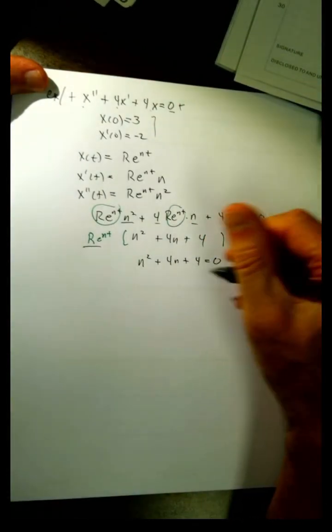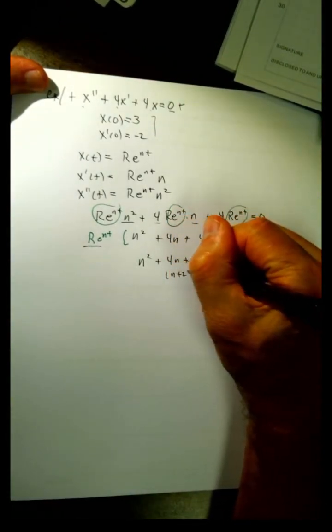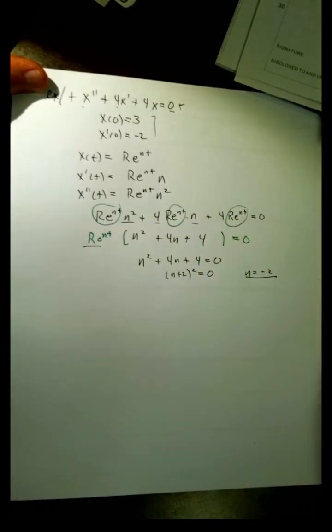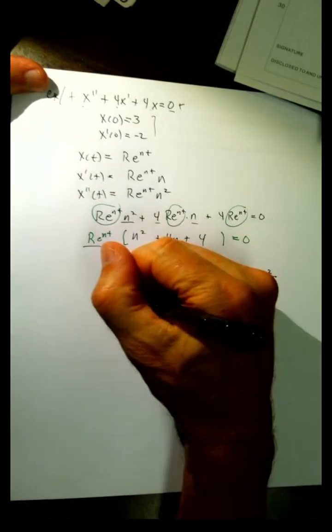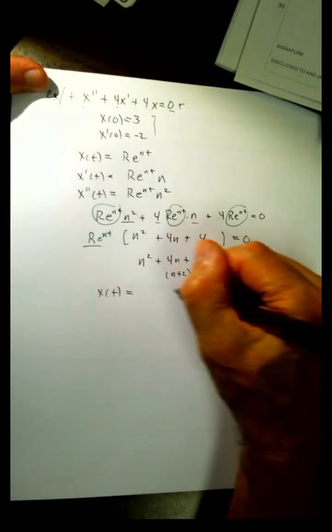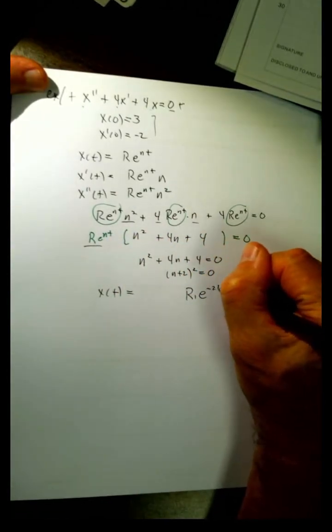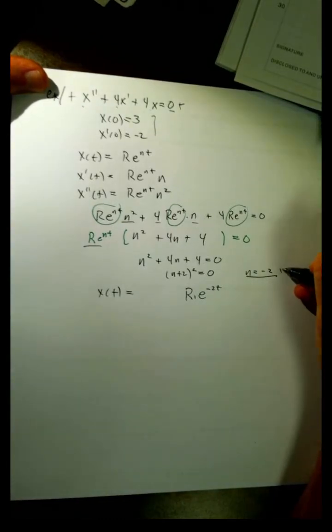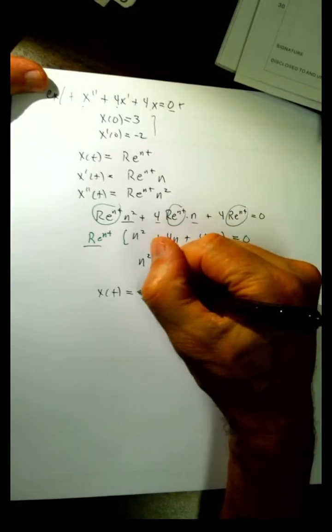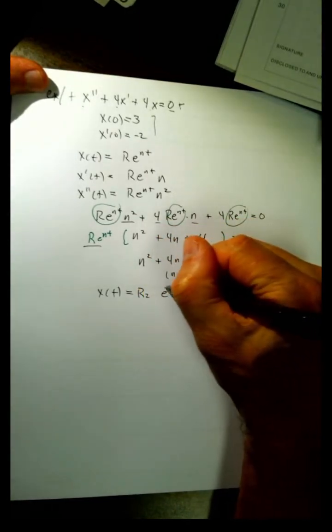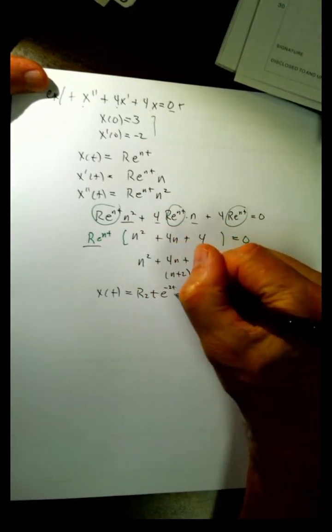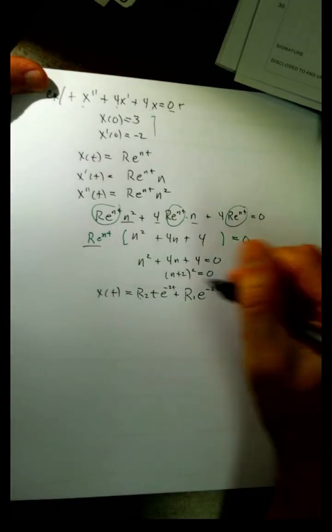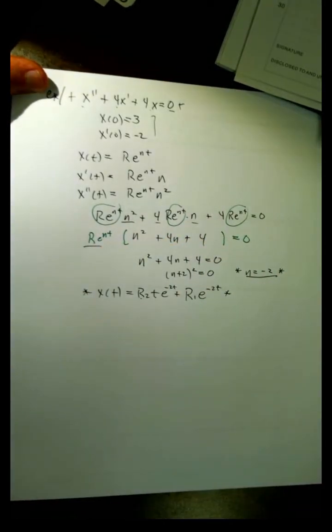Now in this particular case, I notice I can factor it, so I'm just going to go ahead and factor it. And notice I only get a single solution. So that means one solution is r1 e to the minus 2t. Because it's a single root, I'm going to basically take that and multiply by t, with a different constant. So my general solution is in this form.